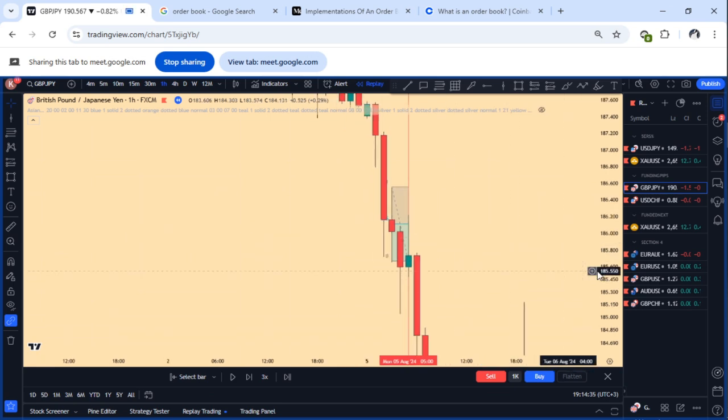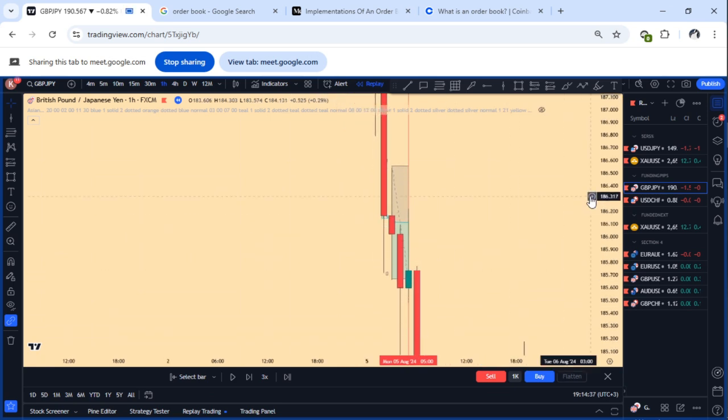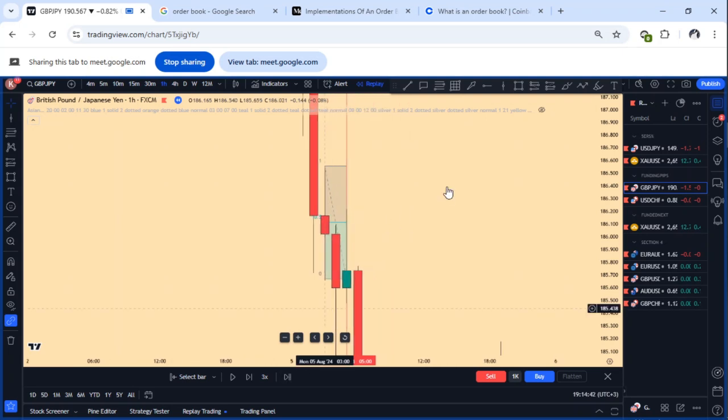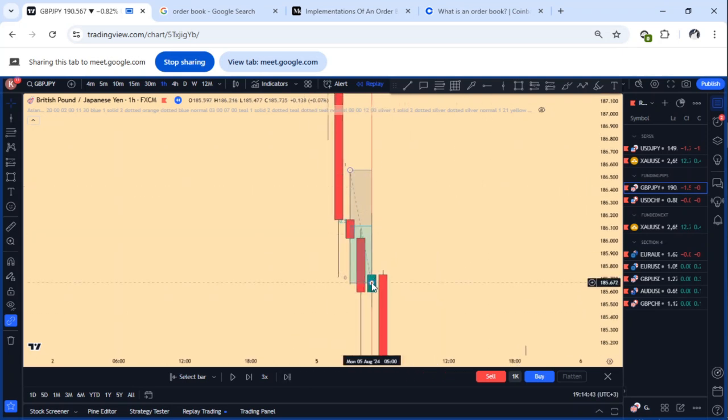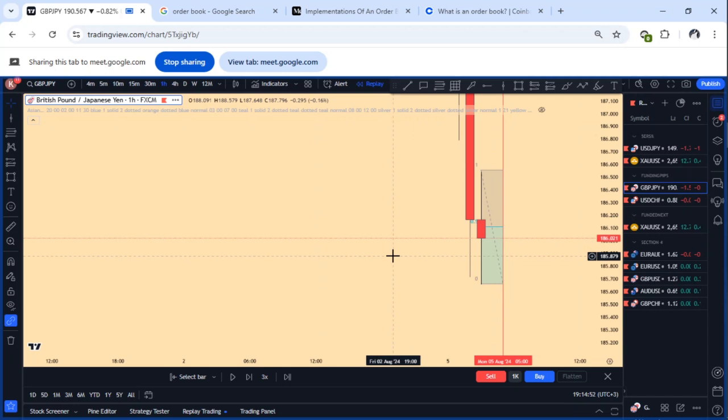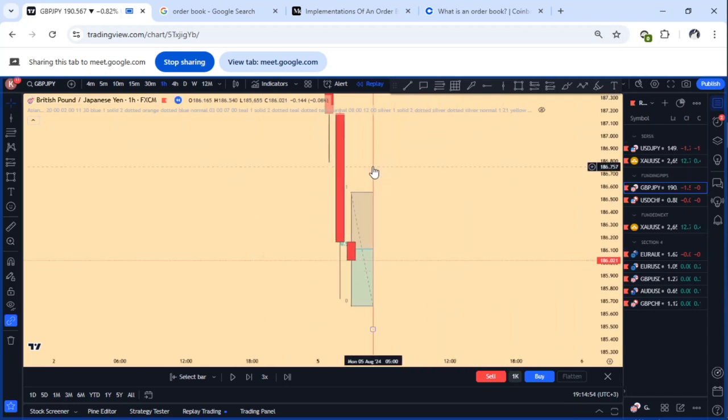But in real sense, the best way to know about premium and discount is to always go for individual candles. So if you check this individual single candle of 1 hour, it contains orders the way I've shown you, and those orders, if you mark from high to low, at the middle of it, anything above here would be what is called a premium.